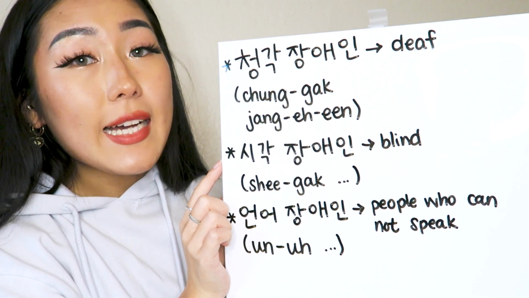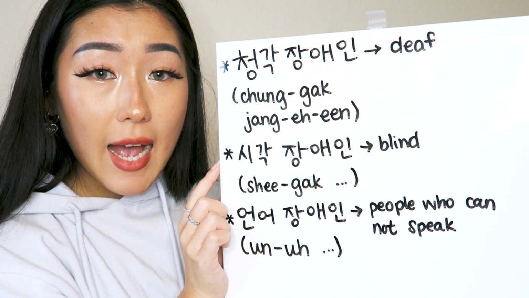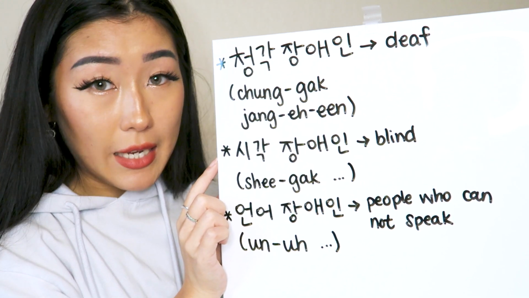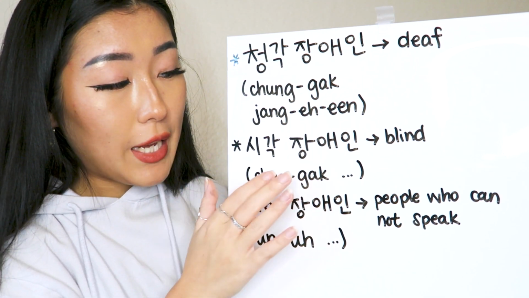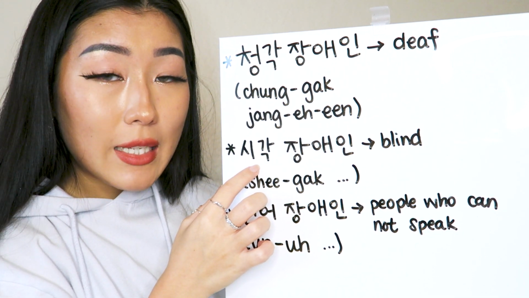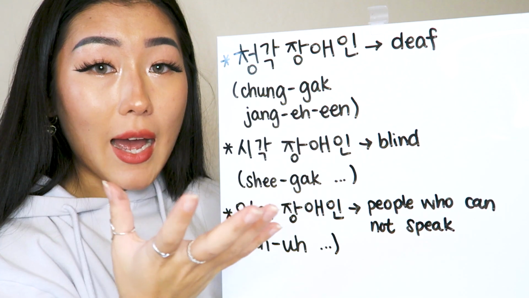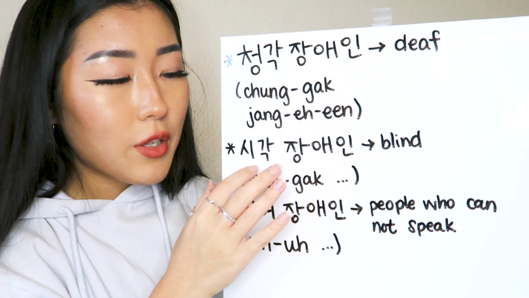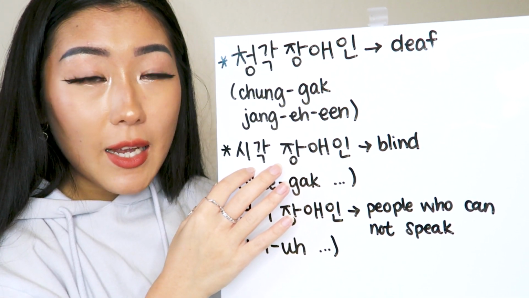Next up we have 시각 장애인, that is a person who is blind. Another tip of really breaking down the word, 시 will indicate anything to do with the eyes, anything to do with vision. Of course, it's not every 시 you see.